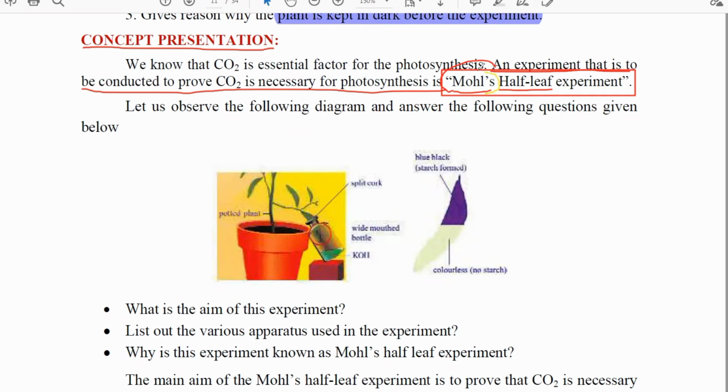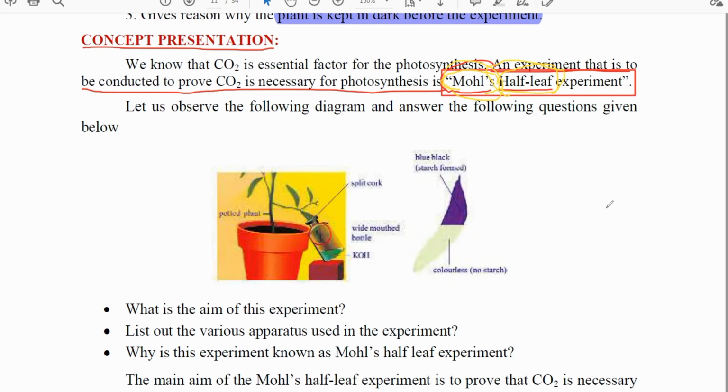Moll is the scientist's name, whereas half leaf refers to the fact that in this experiment we use only half of the leaf. Because the experiment was first conducted by the scientist Moll using a half leaf, it is known as Moll's half leaf experiment.